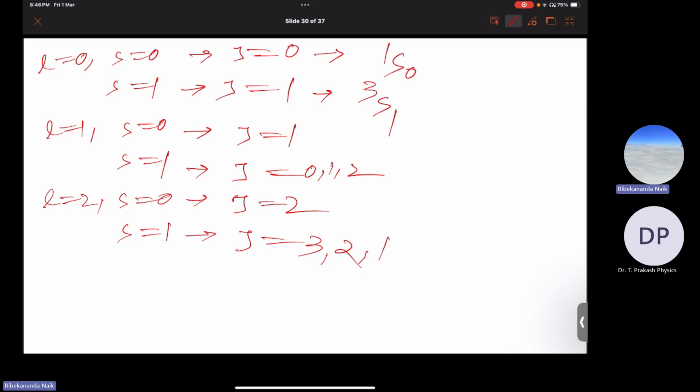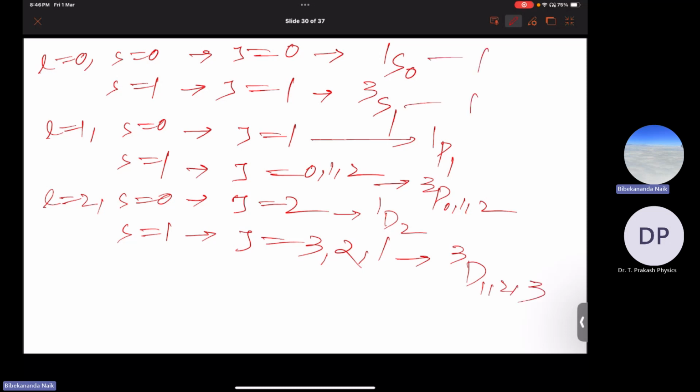So 2S plus 1 is 3. Similarly, here it will be 1P1, but since it has 3 terms, it will be 3P0, 1, 2. Here it will be 1D2 and 3D1, 2, 3.